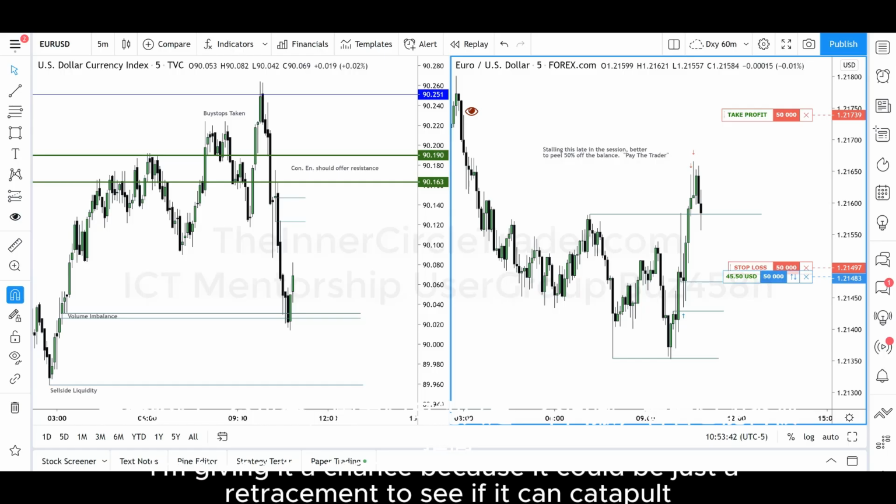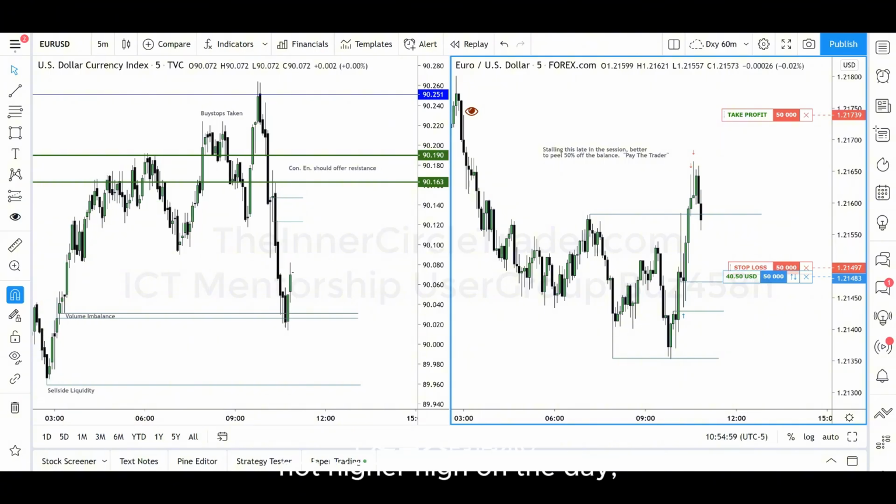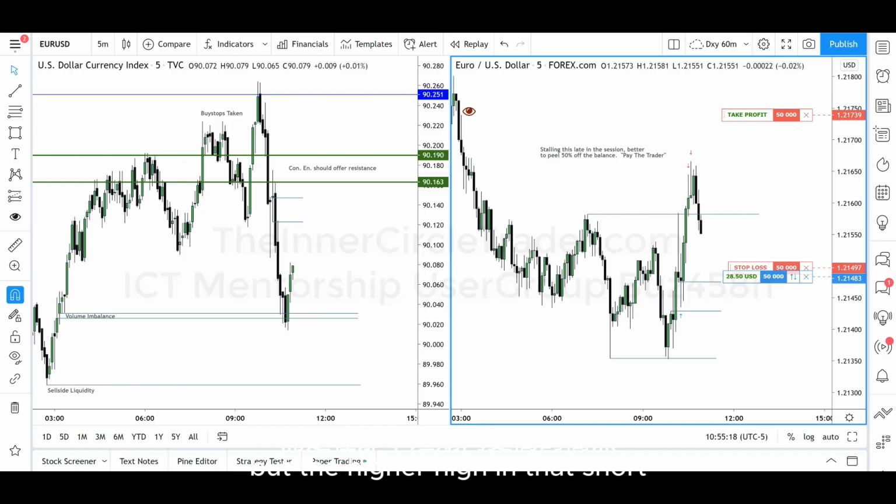I'm giving it a chance because it could be just a retracement to see if it can catapult itself to a higher high. Not higher high on the day, but the higher high in that short-term high it's formed on euro dollar, where I've taken partials basically. But if it stops me, I'm okay with it.